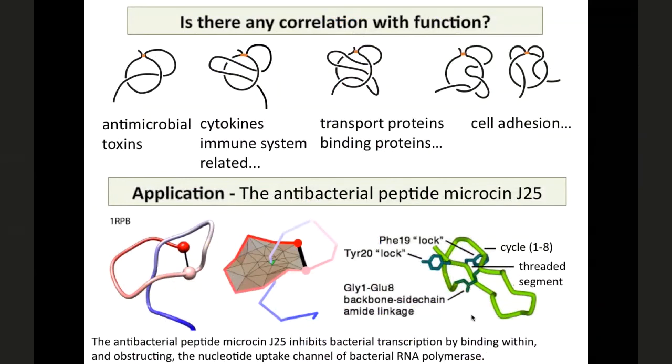We have 2 bulky amino acids. Hope you can see this. Where is my mouse? Oh. So you have 1 bulky amino acid here and 1 bulky amino acid here, and these bulky amino acids perfectly block the C-terminal in this case from threading out of the loop. So definitely this topology provides stability.